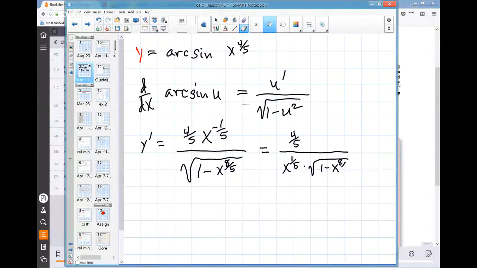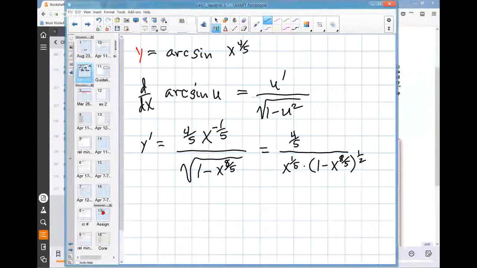Well, except that we could rewrite it in fractional exponent form. So let me go back. Let's just write this as 1 minus x to the 8/5, and then all of that's raised to the 1/2. Okay. So simplifying it even further, we could bring that 5 on the bottom.